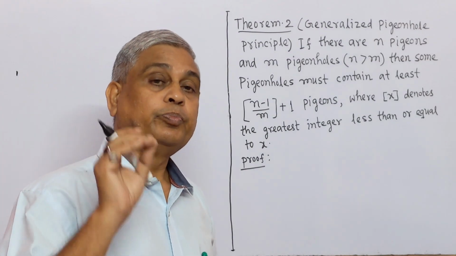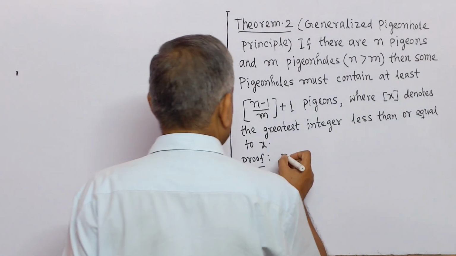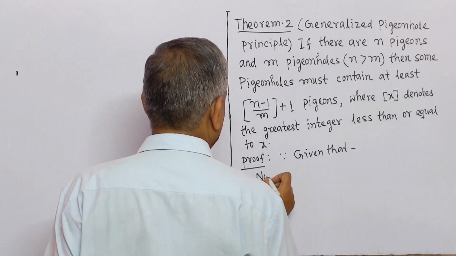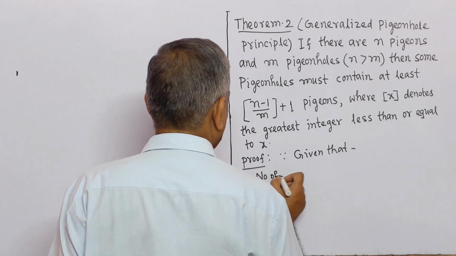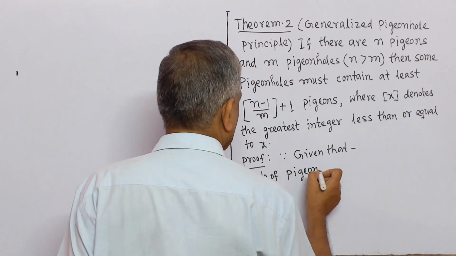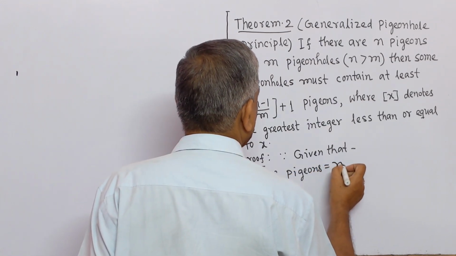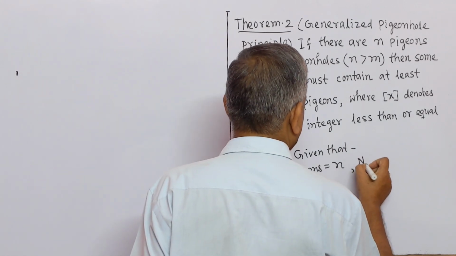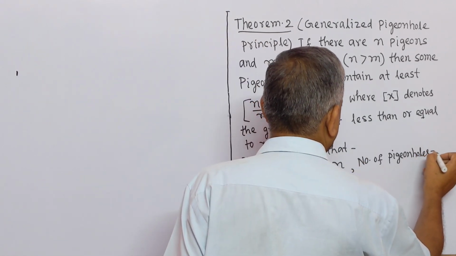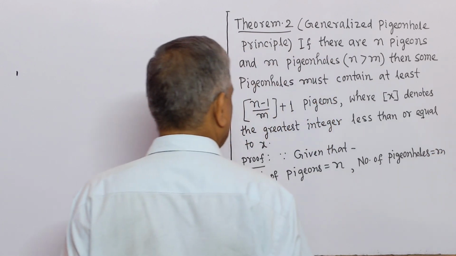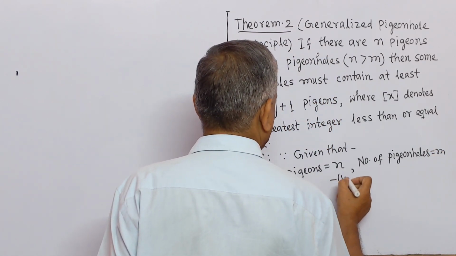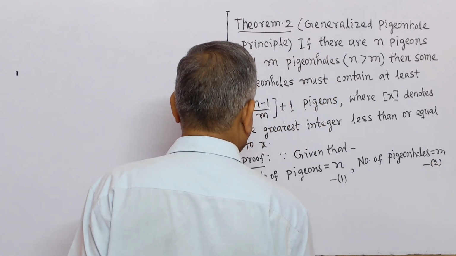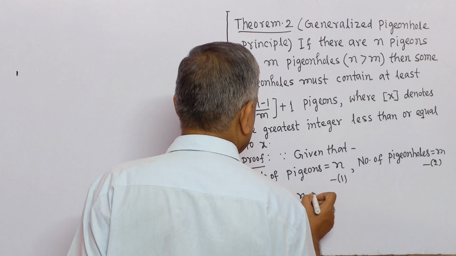Now we prove this. Since given that number of pigeons equal to n and number of pigeonholes equal to m, let this is number 1, this is number 2, where n is greater than m.